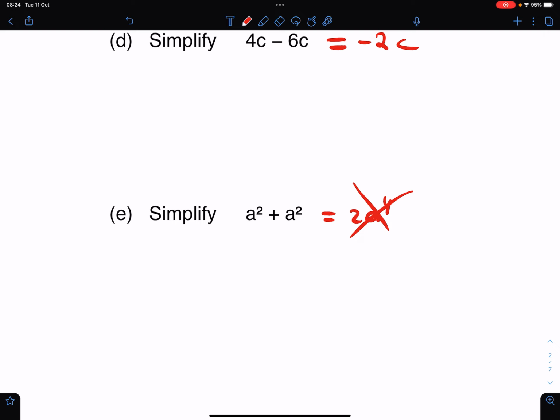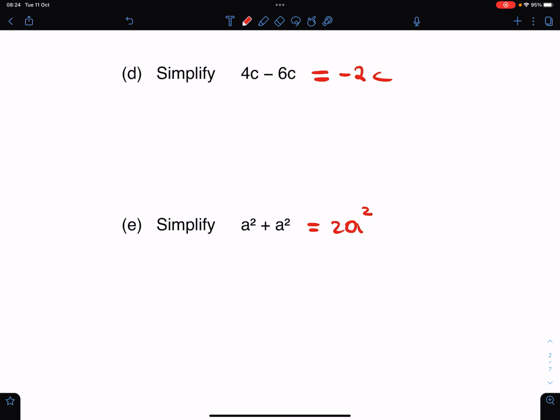We can only add the power when we multiply them. So that's going to be 2a squared. You had an a squared, now somebody gave you 1 more, you're going to have altogether 2a squared, not 2a to the power of 4. A to the power of 4 is a completely different idea, okay?